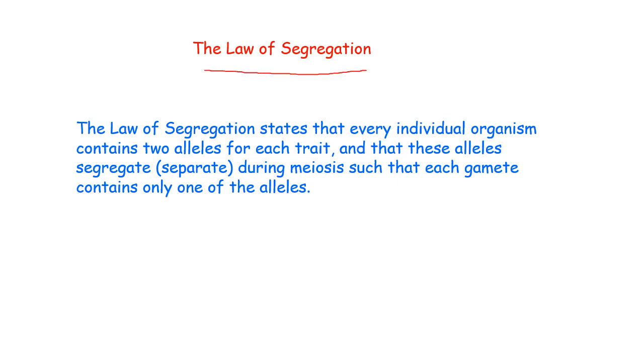The law of segregation, or the law of separation, is also known as the law of purity. This law states that every individual organism contains two alleles for each trait, and that these alleles segregate or separate during meiosis such that each gamete contains only one of the alleles.